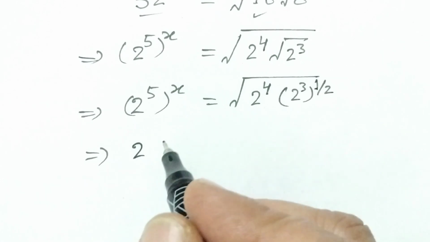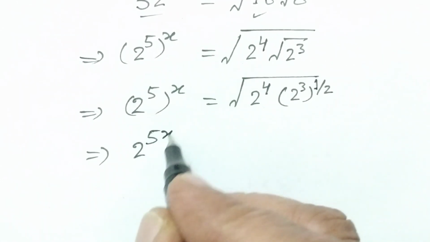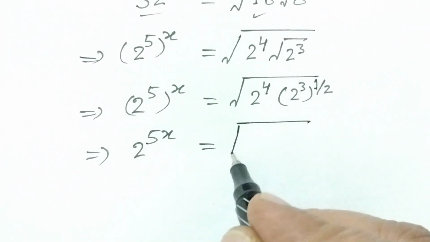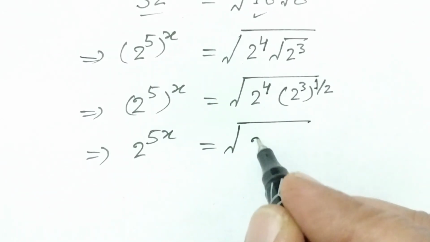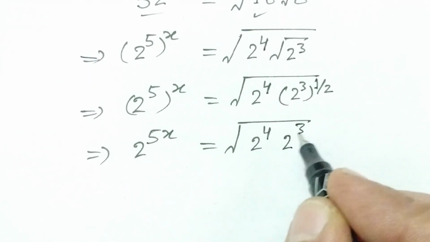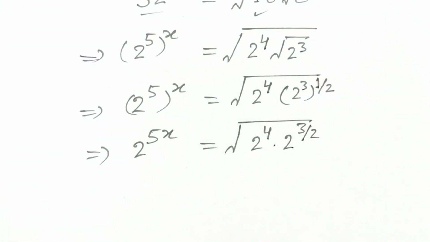So 2 to the power 5x is equal to 2 to the power 4 into 2 to the power 3 by 2, right?